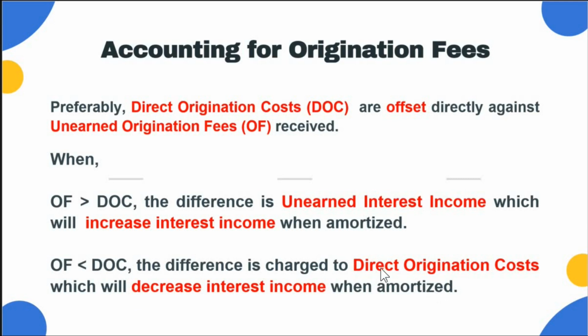Kasi di ba, yung direct origination cost natin ay i-amortize over the term of the loan. So since mas malaki yung nagastos natin kumpara sa nakolekta natin from the borrower, in effect, nabawasan yung interest income natin. So every time you amortize the direct origination cost, it has the effect of decreasing your interest income.